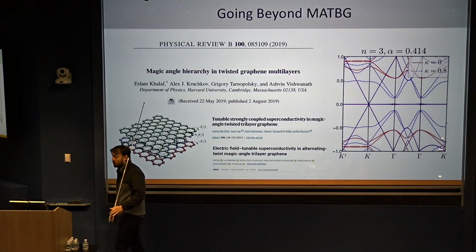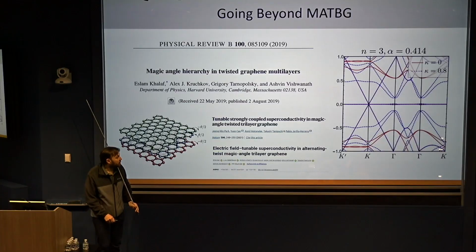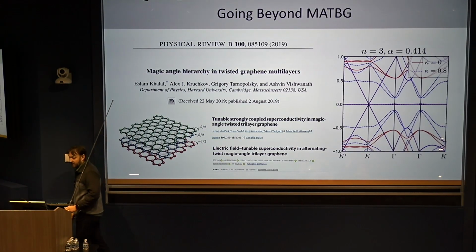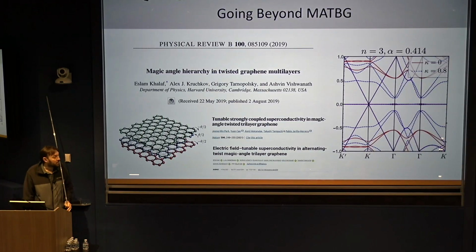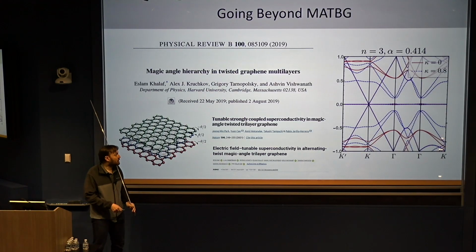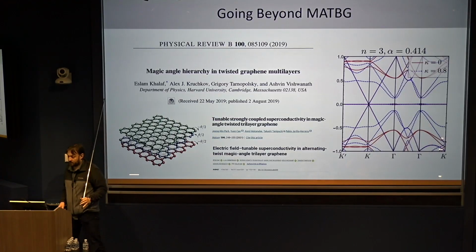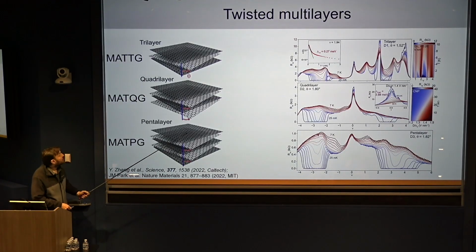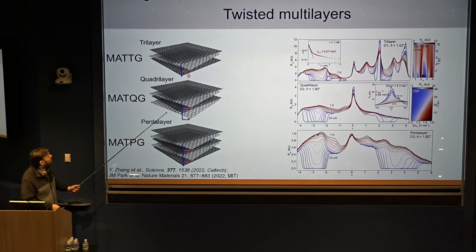Okay. So for this talk, you can just remember that twisted trilayer graphene is very much connected to twisted bilayer graphene for this reason, and you can actually extend this going to more than 3 layers.